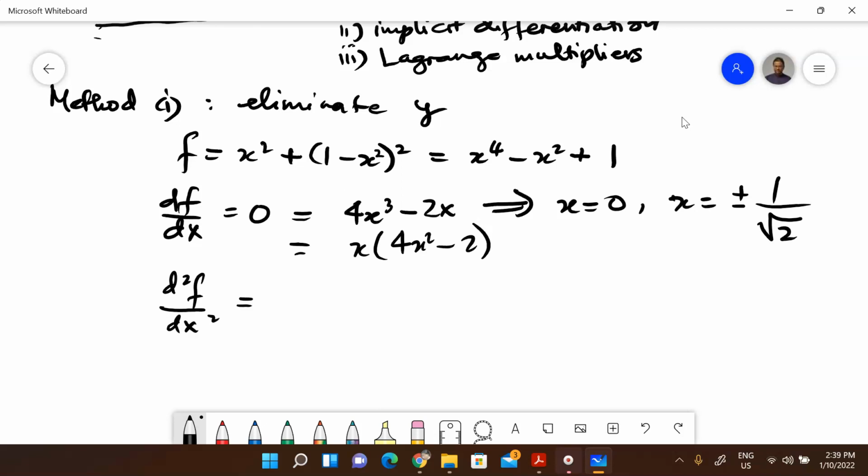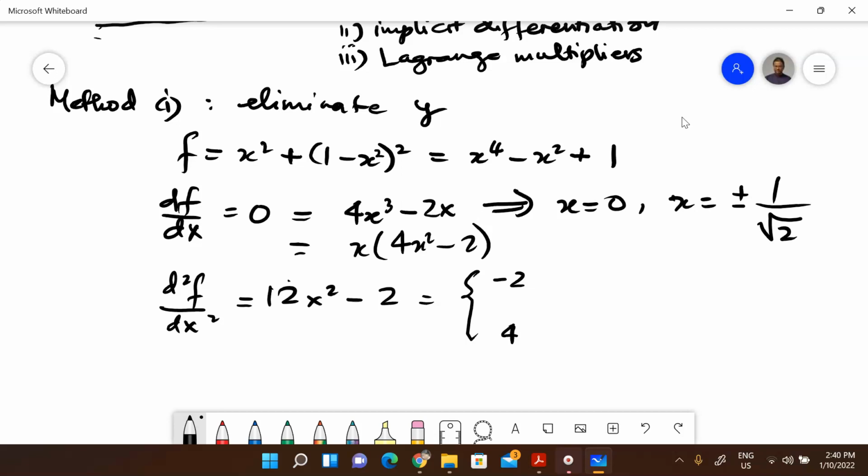This will give you 12x squared minus 2. So when x equals 0, this gives you minus 2. When x equals plus or minus 1 over root 2, that gives you 4.